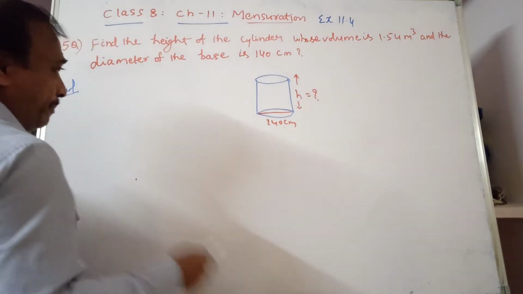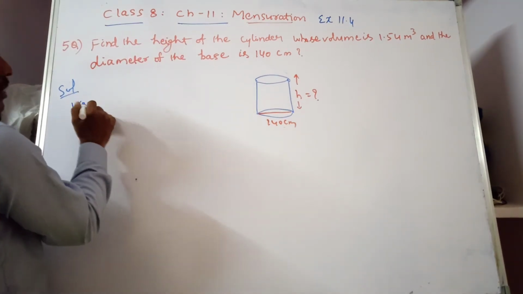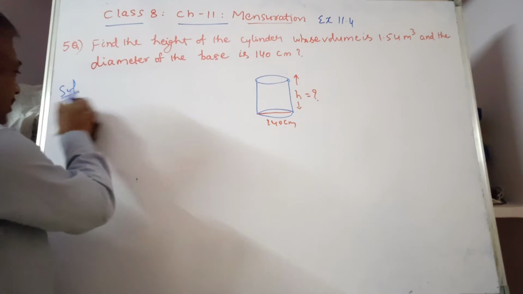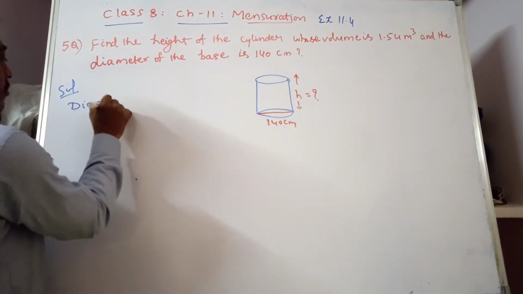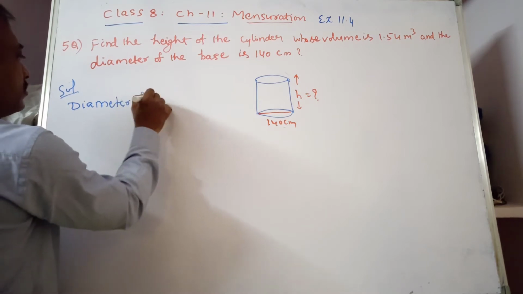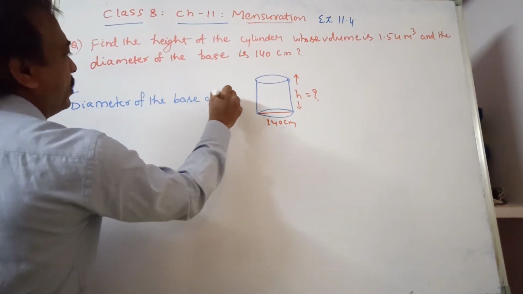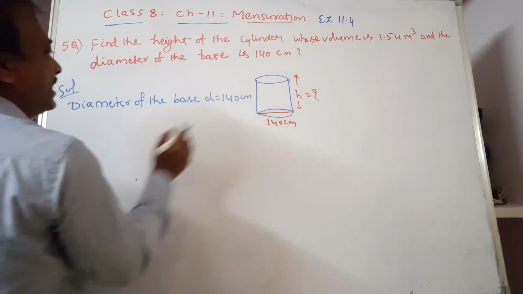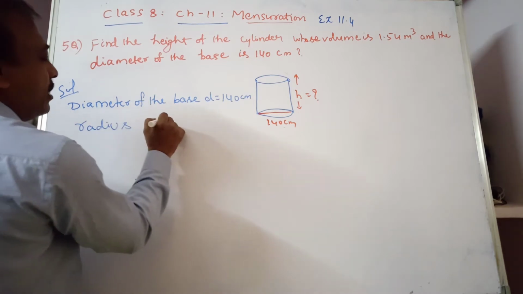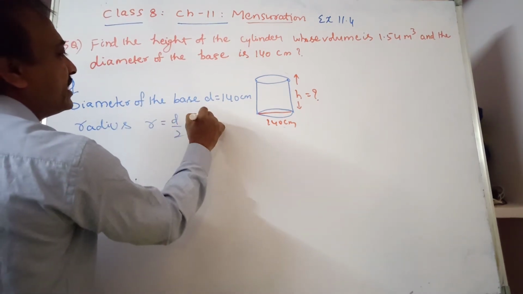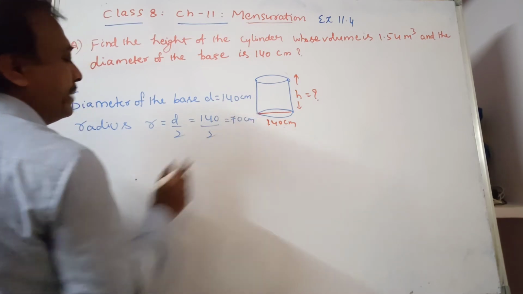So here, first write the diameter of the base. D is equal to 140 centimeters. Actually we use radius in the volume formula. So radius R is equal to D by 2, which is 140 by 2, equal to 70 centimeters.